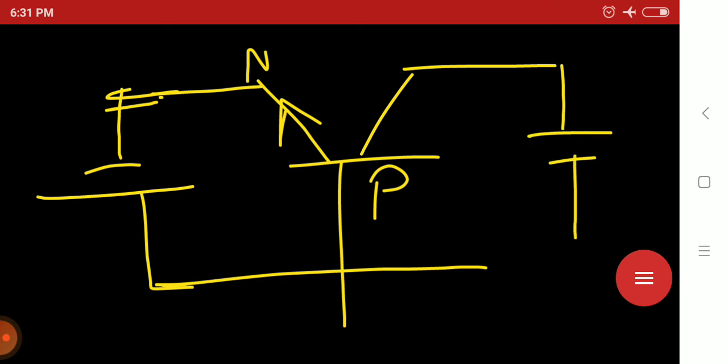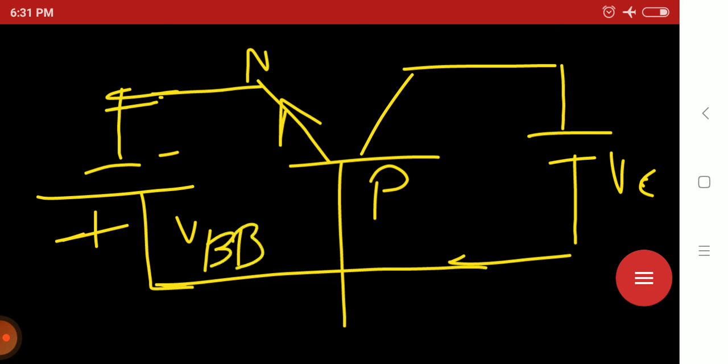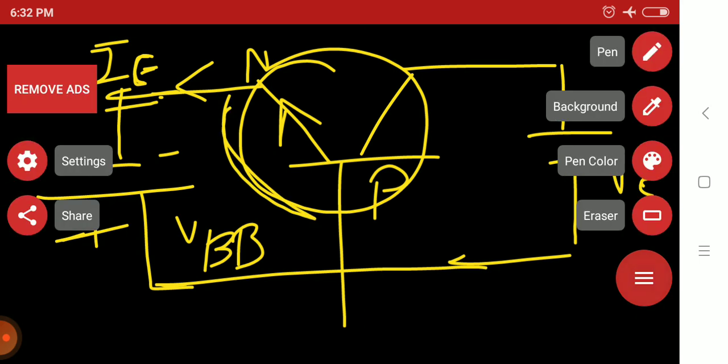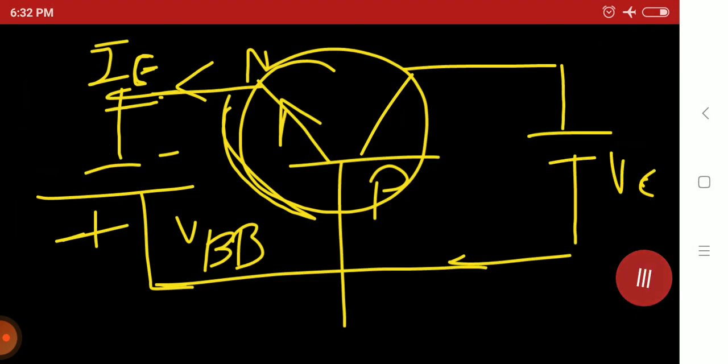Here it is a battery VCC. Here it is also a battery, VBB. Now this is a rough drawing of the circuit diagram of the common base configuration. Here current IE is going, the emitter current. Here is the battery voltage VBB.